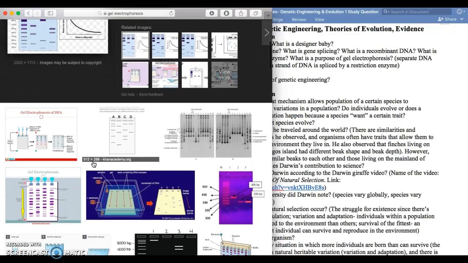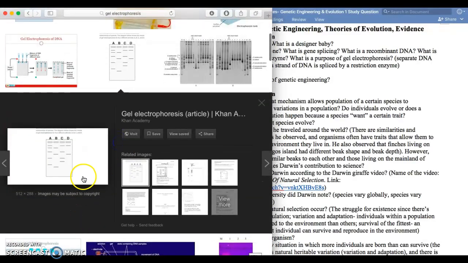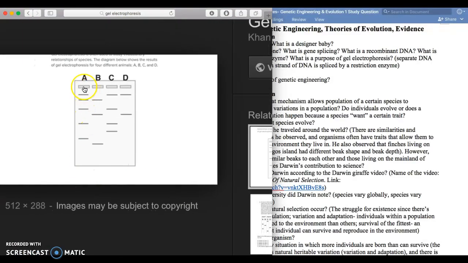As an example, right here, you can run a whole bunch of DNA samples, A, B, C, and D, and what you can see is that A and C have some pieces that are the same. This one and this one and this one are similar pieces of DNA, and this one are also similar pieces of DNA.